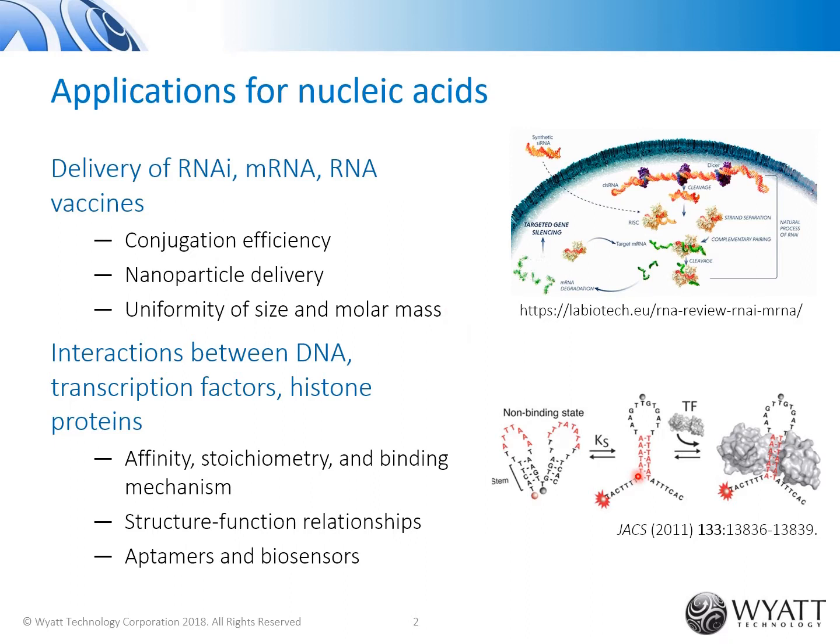So for engineered nucleic acids like a DNA or an RNA aptamer, we can quantify the interaction so that we can help produce really sensitive or high affinity biosensors. Or you could just be looking into the basic biology of the interaction to try and understand a structure-function relationship between a DNA and a protein. And so light scattering is going to be a key tool for these types of analyses.